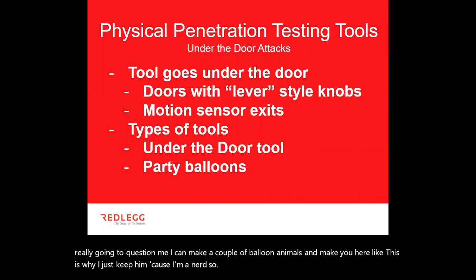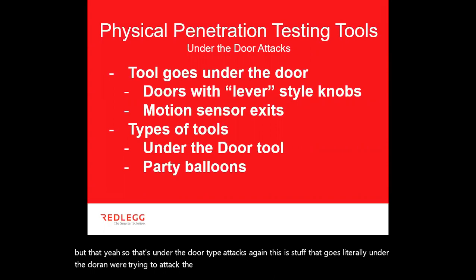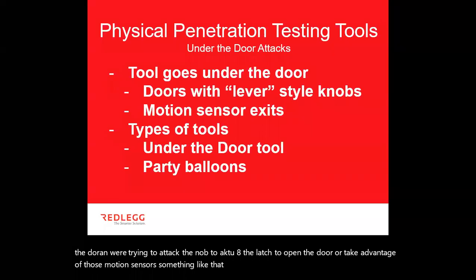But yeah, so that's under-the-door type attacks. Again, this is stuff that goes literally under the door, and we're trying to attack the knob to actuate the latch to open the door, or take advantage of those motion sensors to again release the latch and allow us in through that door.